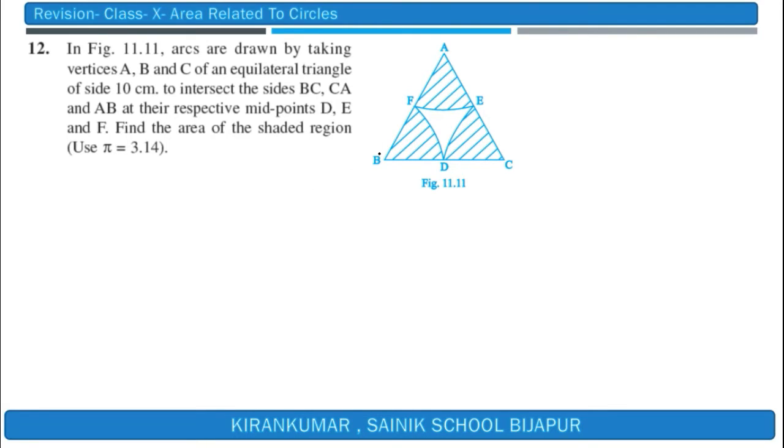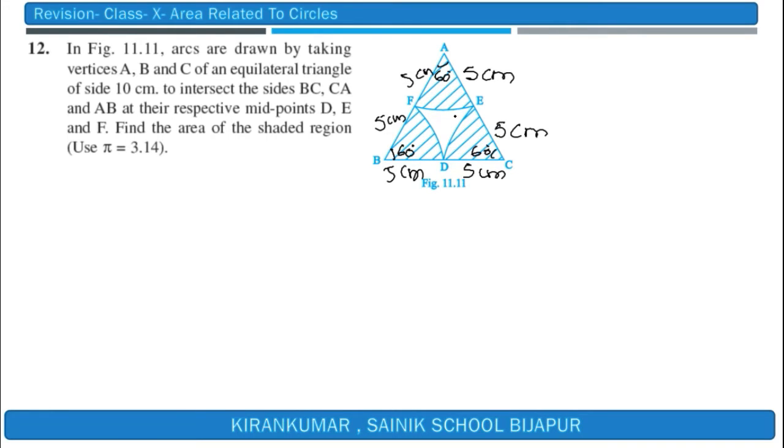Since it is an equilateral triangle, all these angles will measure equal to 60 degrees. Since D, E, F are the midpoints, each of these will become 5 centimeter. Now if you observe, this becomes a sector.